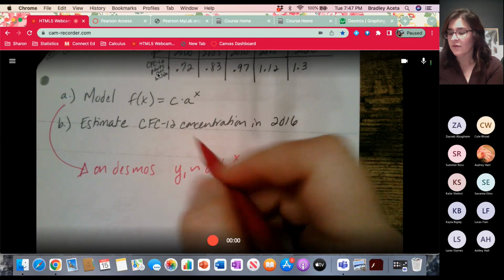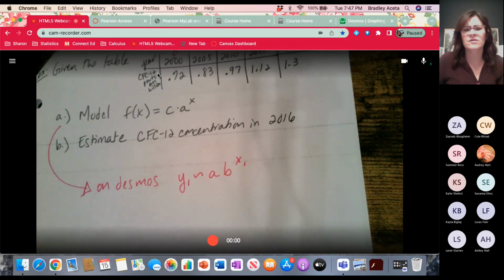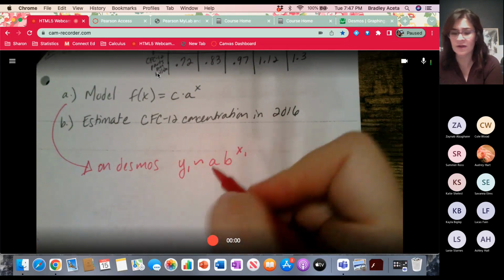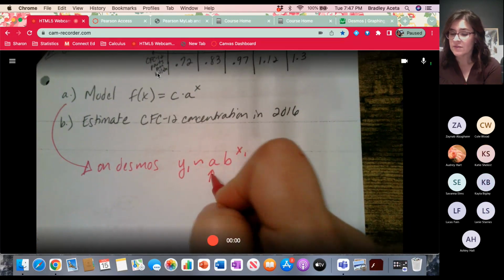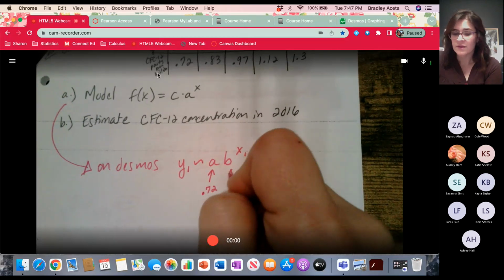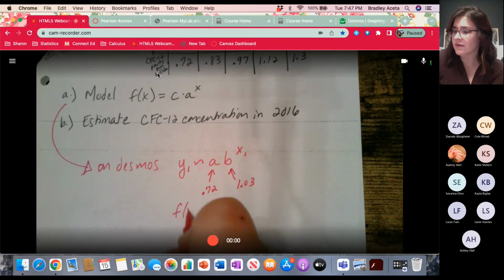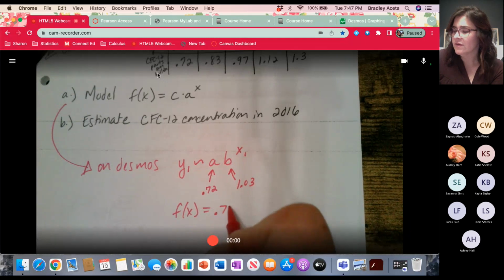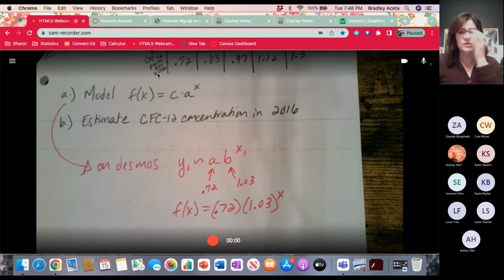And then now they're going to use C and A, so don't get confused. You could probably use C and A actually. I didn't even try it. I bet you could. I'll figure it out. I'll switch it up in a minute. But they're going to ask you for those C and A values. So this is 0.72, and this one is 1.03. So the model would be f of x equals 0.72 times 1.03 to the x power. And that's what you just have to write.